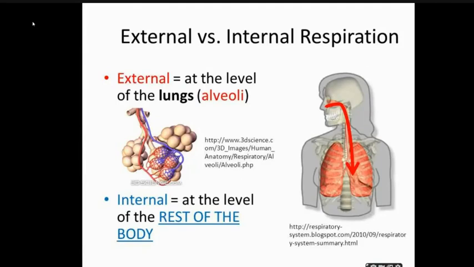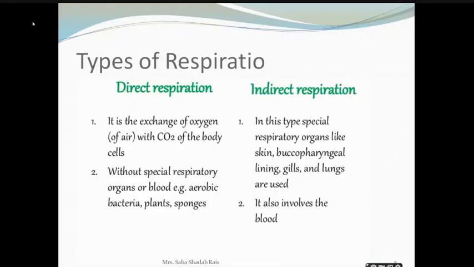Now let us learn the types of respiration. The organism has evolved from amoeba to the complex human, so definitely their respiratory systems must be different. Here I forgot to type N in types of respiration. As the complexity of the organism differs, their respiratory organs also differ. We are dealing with zoology, the science of the various animals, so we will be learning respiration in all types of animals.